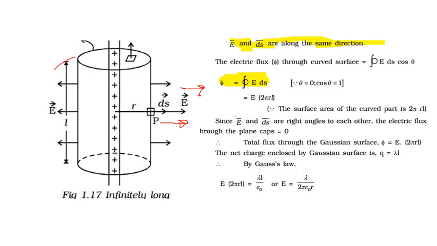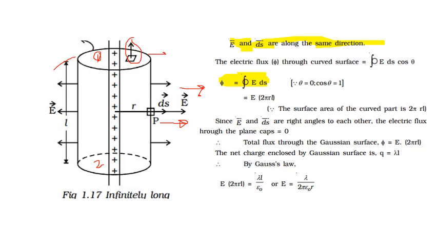E and dS are at right angles to each other on the plane caps. Yes, there are two plane caps here. One is here and the second is here. In both cases, the direction of the area element is perpendicular to the electric field.